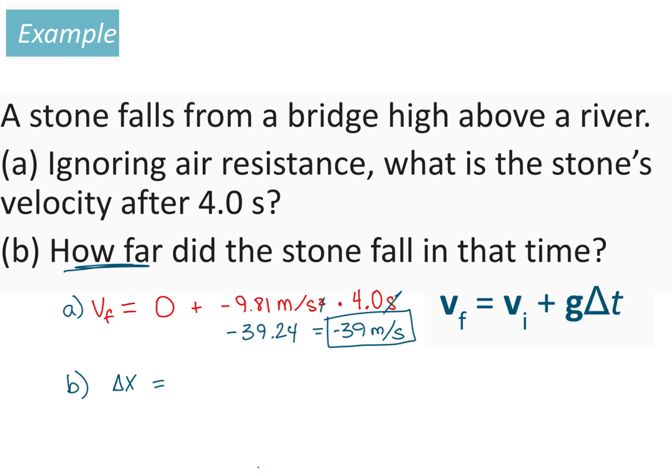We're going to say initial velocity, it fell, 0 times how long it fell, 4 seconds, right? We're going to add to that. And yes, in your calculator, you can just put 0.5. That's 1/2. Gravity, that's negative 9.81 meters per second squared. Times our time squared, 4 seconds squared.